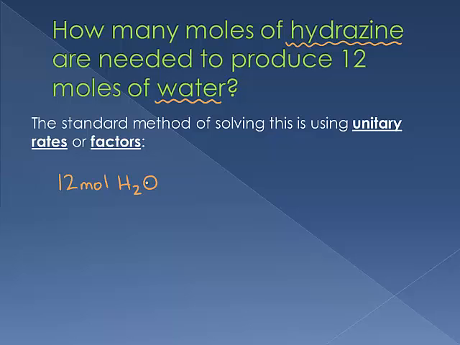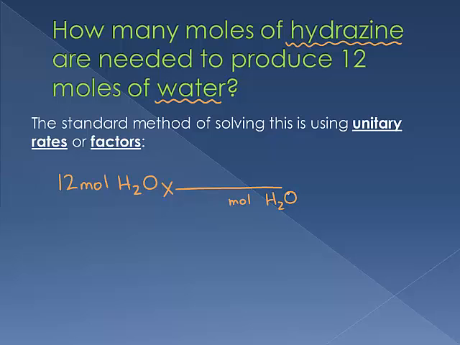And what we see is that we can only change one of those 2 parts of a unit at a time. So, anytime you're asked to change a unit, you always need to draw an X and a line. The unit that you're going from goes on the bottom, so I'm going to put moles of water on the bottom.